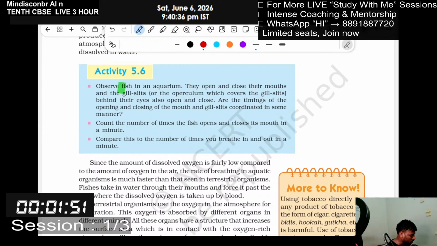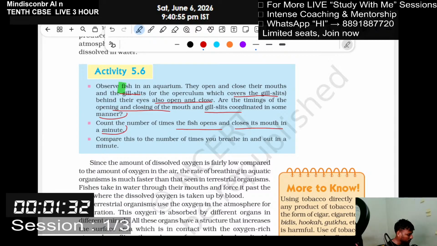They open and close their mouths, and the gill slits, or the operculum which covers the gill slit behind their eyes, also open and close. Are the timings of the opening and closing of mouth and gill slits coordinated in some manner? Count the number of times the fish opens and closes its mouth in a minute. Compare this to the number of times you breathe in and out in a minute.